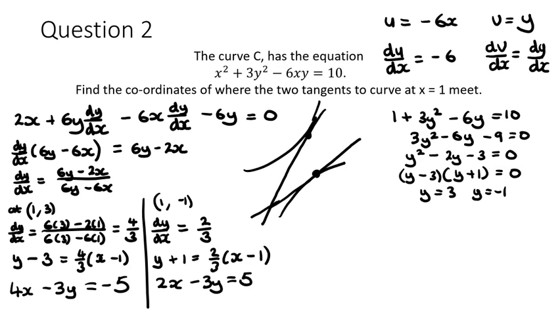So these two tangents are going to meet at a point. What we've done is found the equations of both of the tangents, and now we just want to see where they intersect. To do that, we just want to solve these two equations simultaneously.